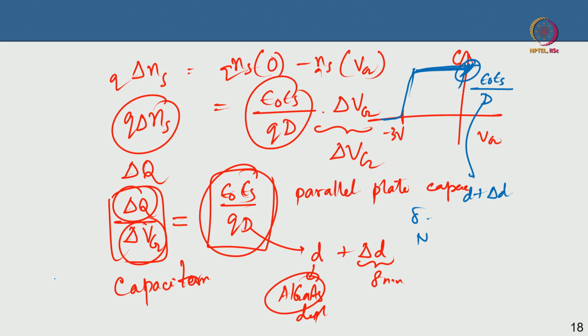Okay, so in the last slide of the last lecture, we talked about the fact that the 2D electron gas acts like a parallel plate capacitor with the metal gate on the top, and you can express the capacitance as just epsilon by d, where d is the thickness of the aluminum gallium arsenide cap layer or the barrier layer plus the 2D electron gas distribution.